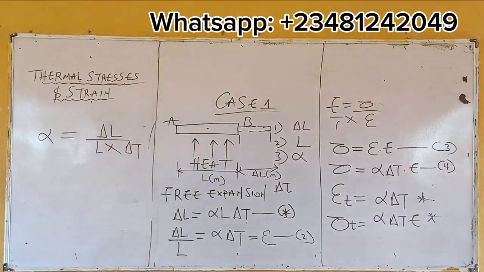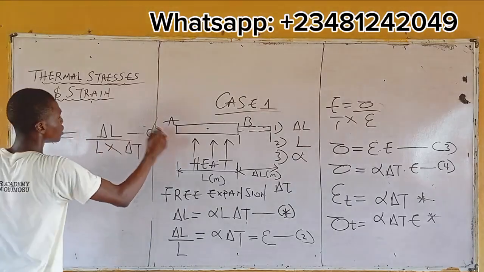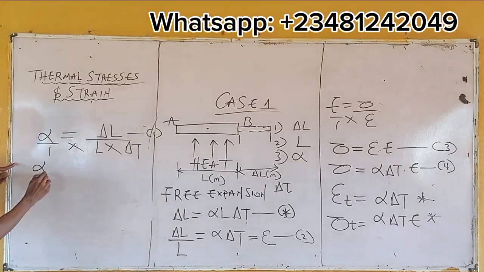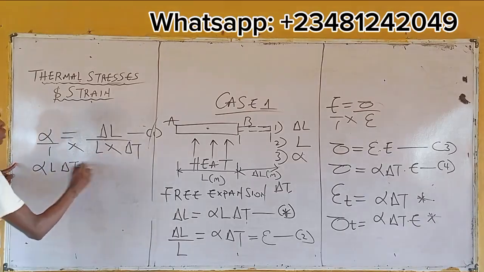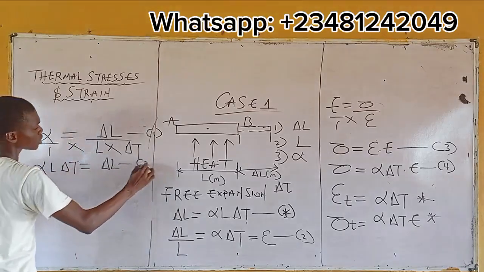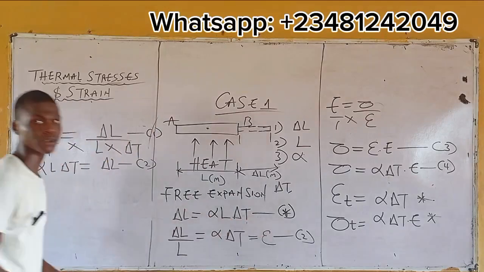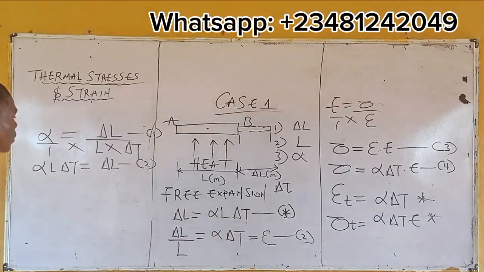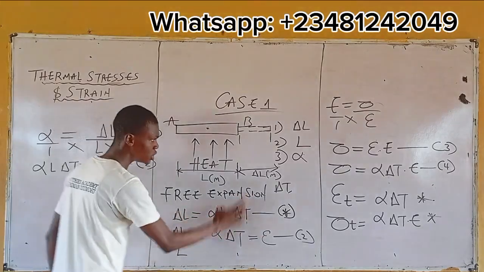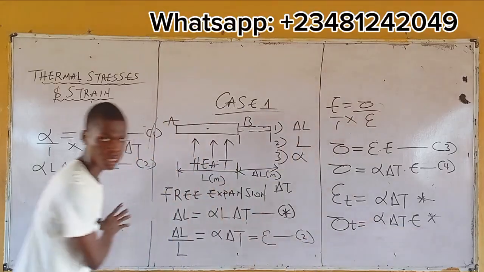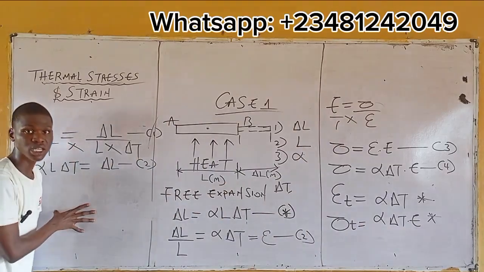Call this equation 1. Cross multiplying, linear expansivity times length times change in temperature is equal to change in length. Call this equation 2. You can see equation 2 is the same as what we have here, so the derivation remains the same.